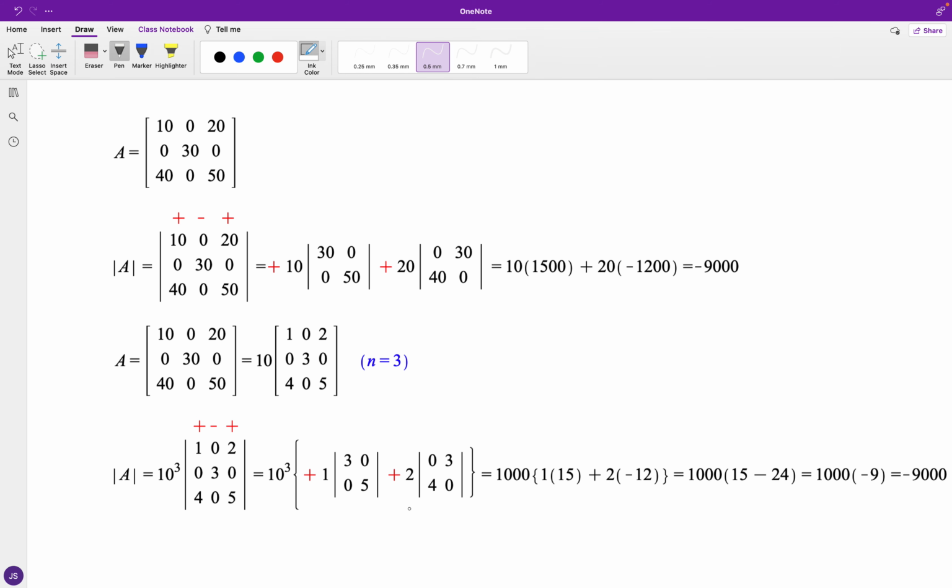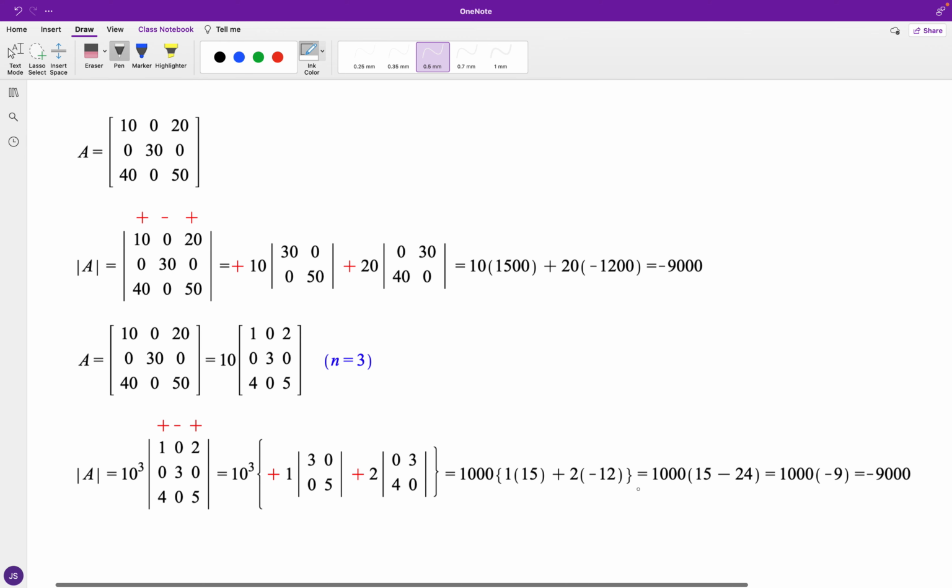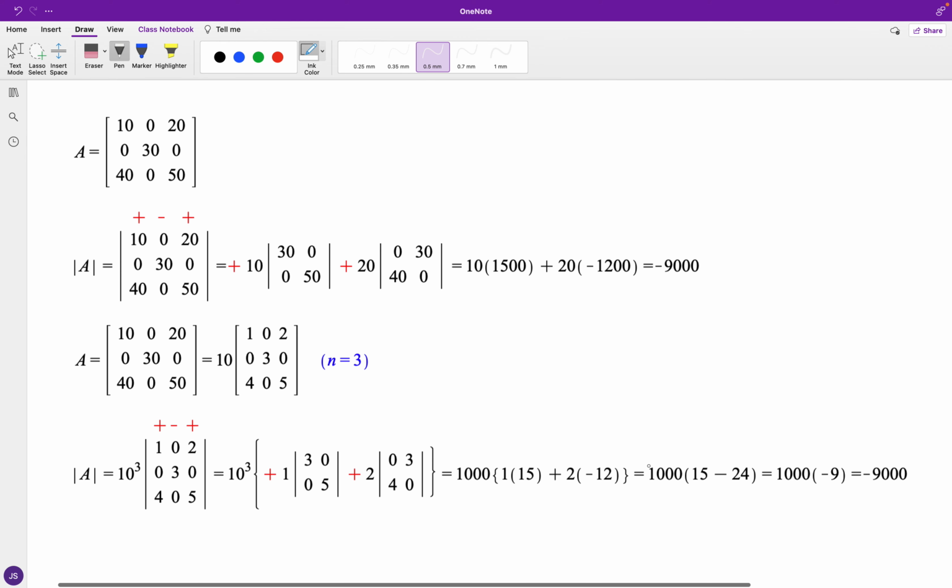And so 10 cubed is 1,000, times the quantity of 1 times 3 times 5, or 1 times 15, plus 2 times the quantity of 0 minus 12, or 2 times negative 12. So we have 1,000 times 15 minus 24, and 1,000 times negative 9, which comes out to negative 9,000.